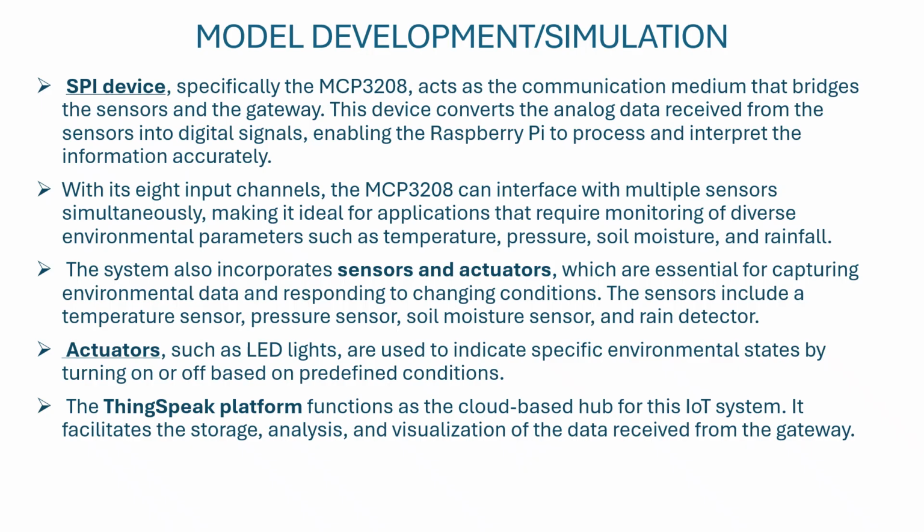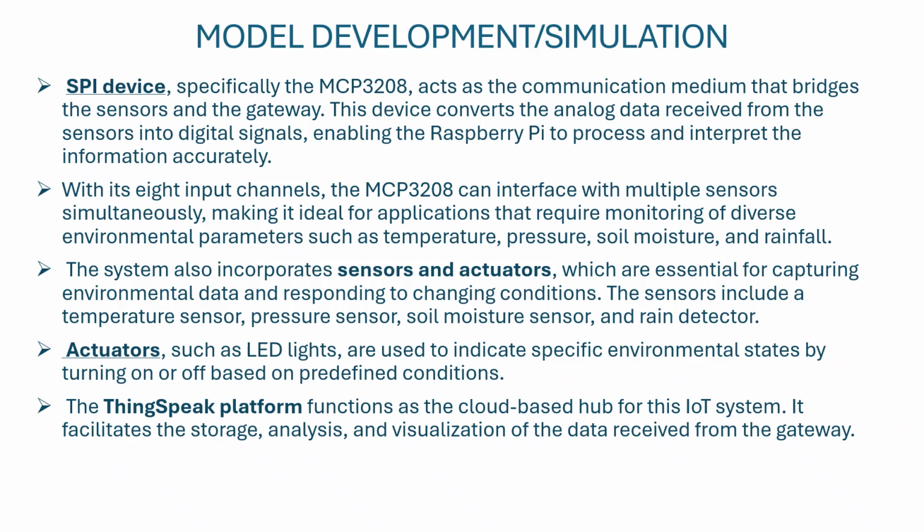Now coming to the SPI device. The abbreviation I told you, that is serial peripheral interface, and we also call it MCP3208. What does it do? It provides communication between the sensors and the gateway.